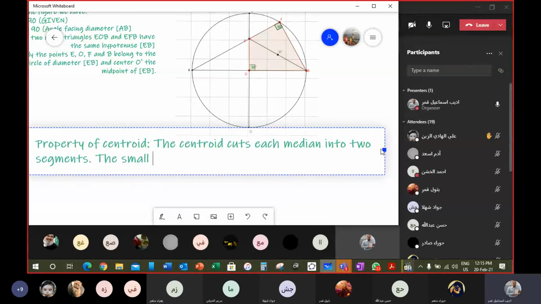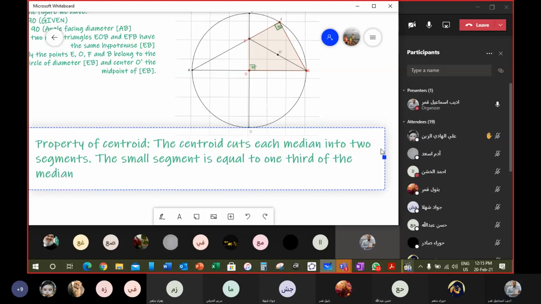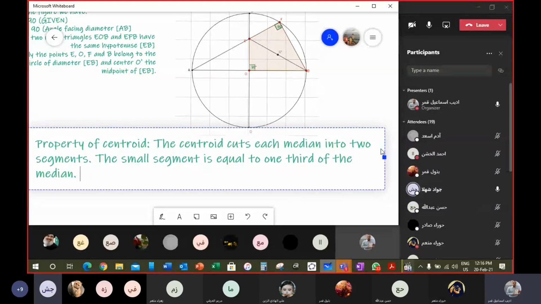The small segment is equal to 1/3. What does 1/3 mean? A third, not a quarter.